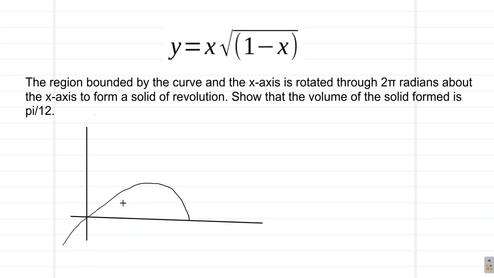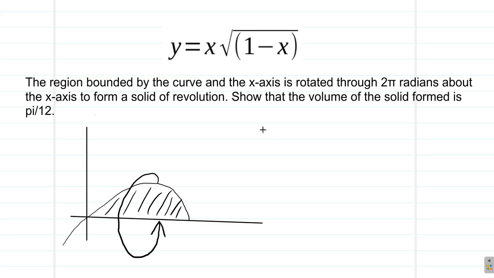The graph has that sort of shape. So you have this area here and it's rotated around the x-axis. Now, here we can find the values of x. From the graph it looks like 0, but let's confirm.